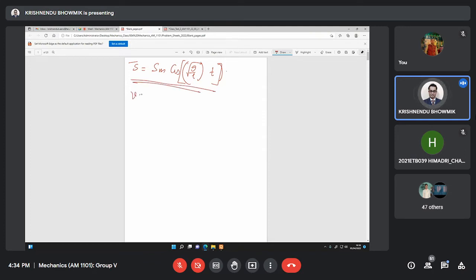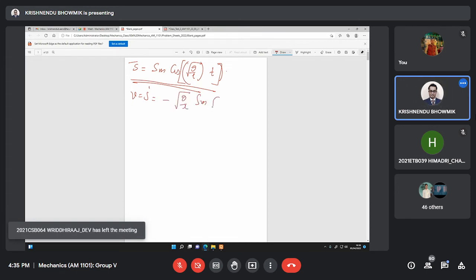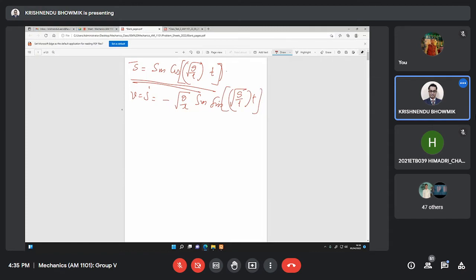So v equals h dot, which equals minus square root of g by L times Sm sine of square root of g by L times t, and At equals v dot, which equals minus g by L times Sm cosine of square root of g by L times t.